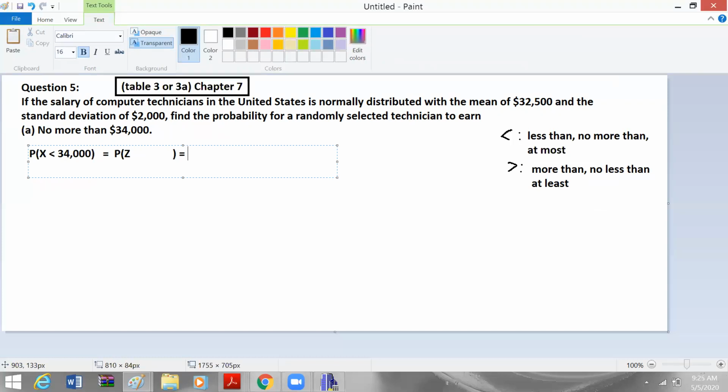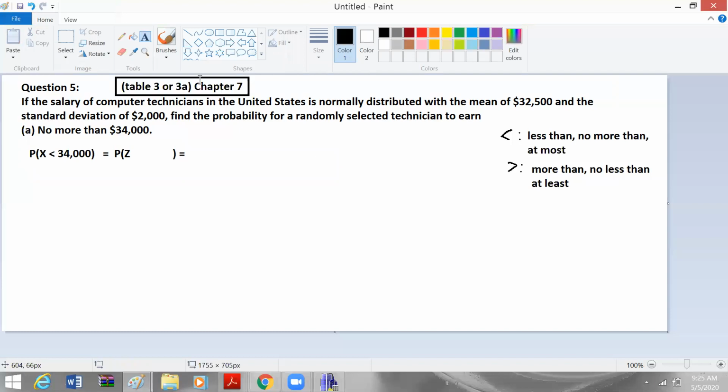So please watch the clip again if you have trouble with the calculation. We have the mean, in this case, 32,500. This is a long-ago question, so don't take those numbers seriously. It's just a question by itself. And the standard deviation will be 2,000.